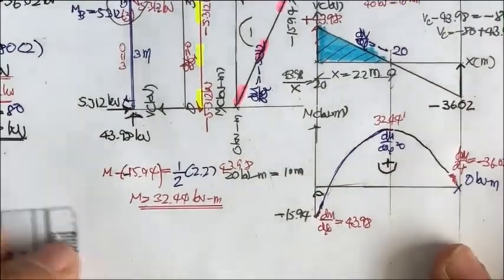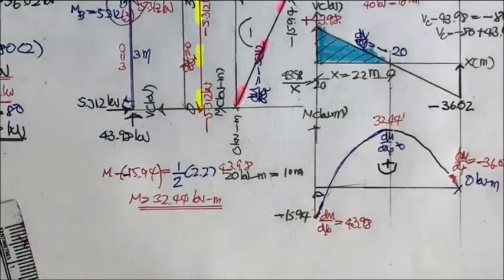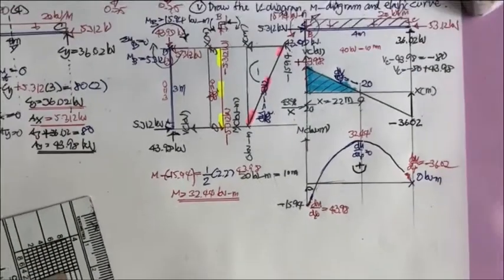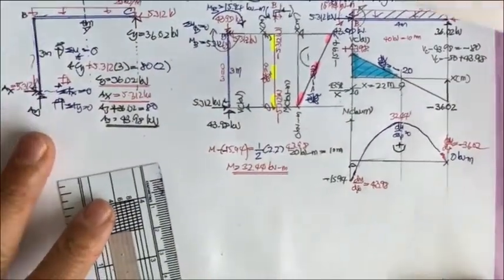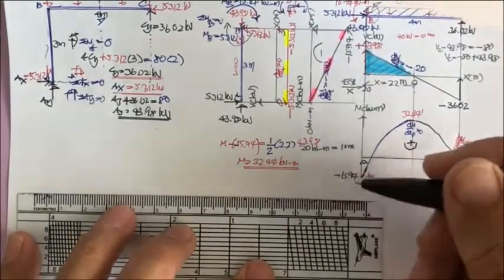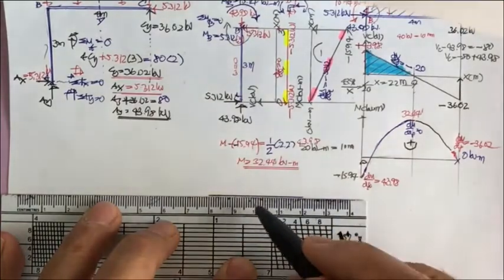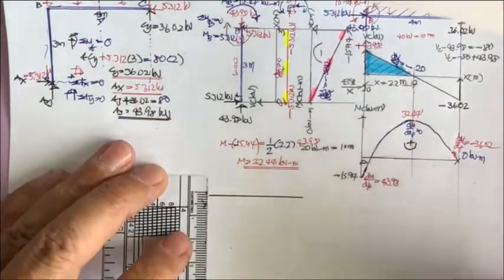Now, your frame. You may draw it later here. 4 meter and 3 meter. So this one is 4 meter, 1, 2, 3, 4. And this one is 3 meter.